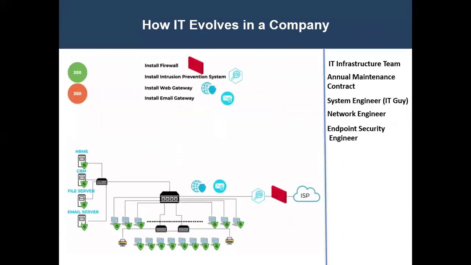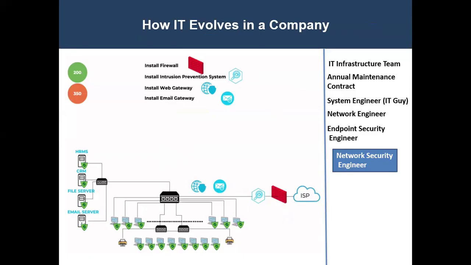Second, we have network security: web gateways, email gateways, intrusion prevention systems, and firewalls, which protect the network. They monitor the traffic and are built with different policies. This is how we protect the endpoints and the network.